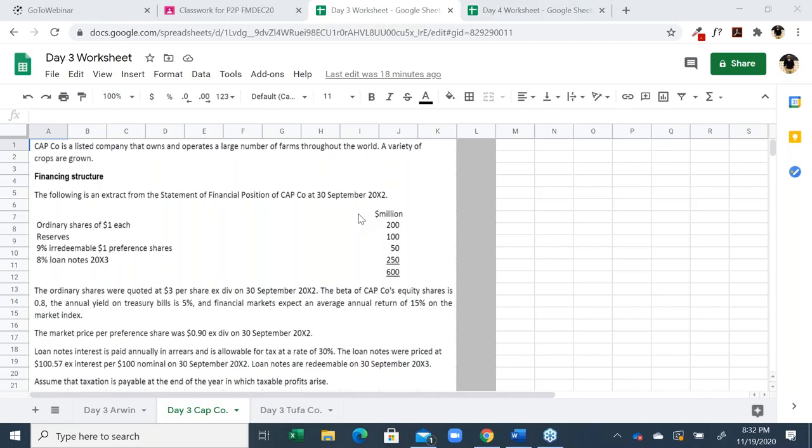So we started the cap company question yesterday, and we were done with the cost of equity and cost of debt.